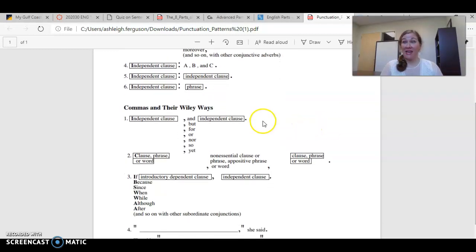You know, if you use a FANBOYS conjunction, a for, an and, a nor, a but, an or, a yet, any of these, I have those listed for you. You have to put that comma to combine them if you have two complete sentences. Also, if you have complex sentences or compound complex sentences where you start a sentence, again, with because or later on since, it shows you where you put the comma.